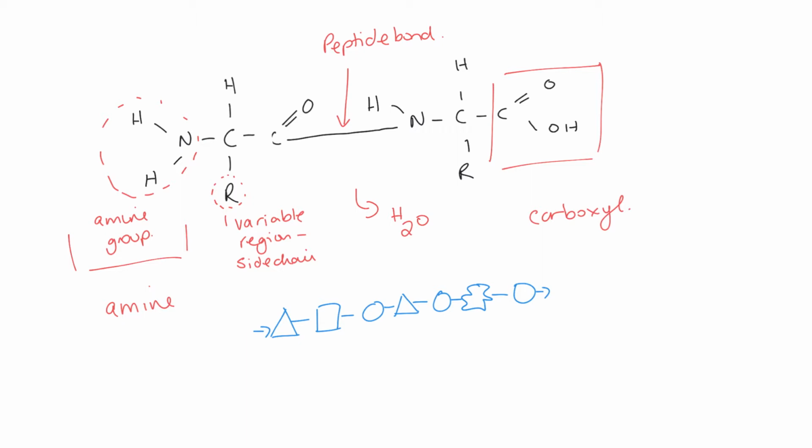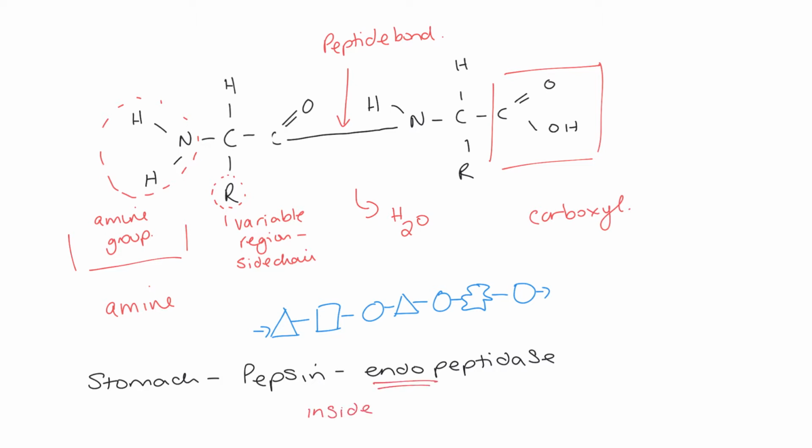So protein digestion begins in the stomach, and it begins in the stomach with an enzyme called pepsin. Pepsin is an endopeptidase. Let's just look at that word for a minute. Endo meaning inside, and peptidase meaning it breaks peptide bonds.